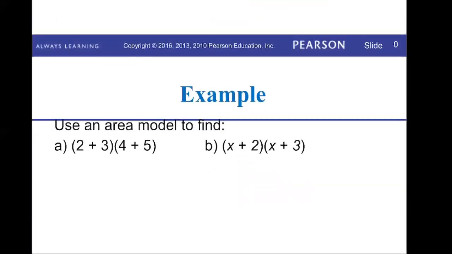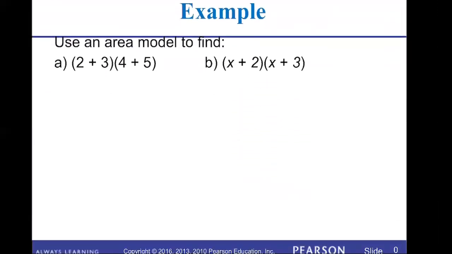Okay, one more slide. I'm going to do two examples here of doing an area model to do the multiplications. So with the first one, this is like 2 units, and this is 3. So there's 2 plus 3 is 5. I'm going to go over here like 4, which is twice 2, and then 5, which is a little more.